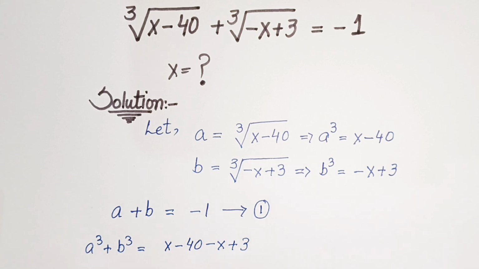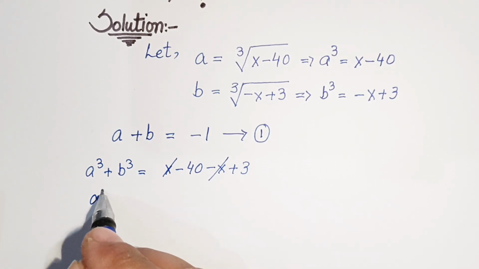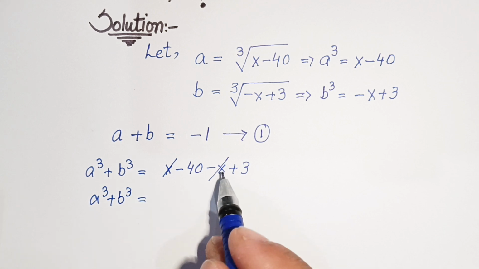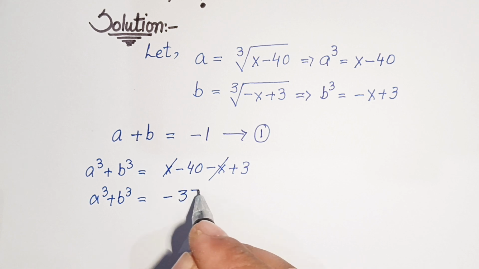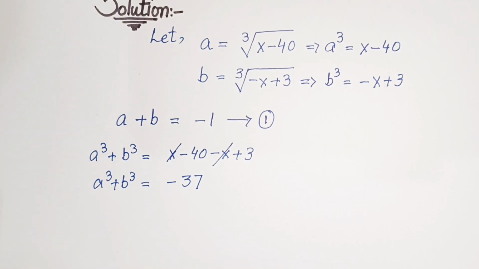Cancelling plus x and minus x, a cubed plus b cubed is equal to minus 40 plus 3, which is minus 37. We will use this value later in our steps.